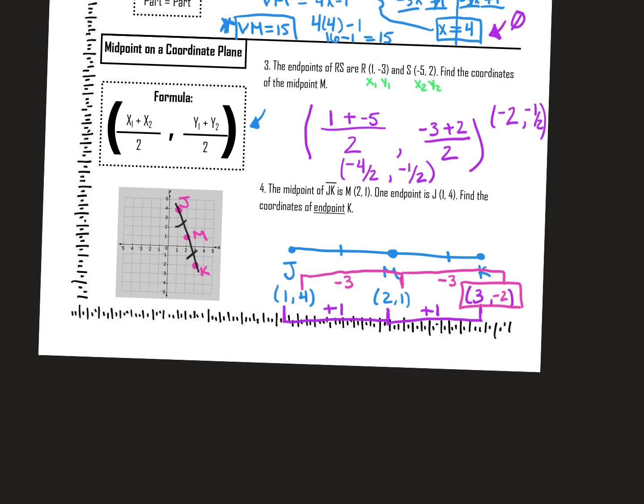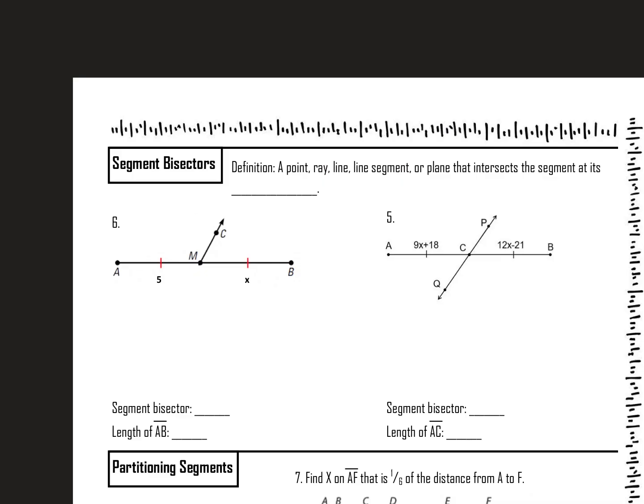Now moving to the back page. When looking at the definition of a segment bisector, the definition is a point, ray, line segment, or plane that intersects a segment at its midpoint. And so what that means, y'all, is if we have a segment bisector, it creates two equal line segments.